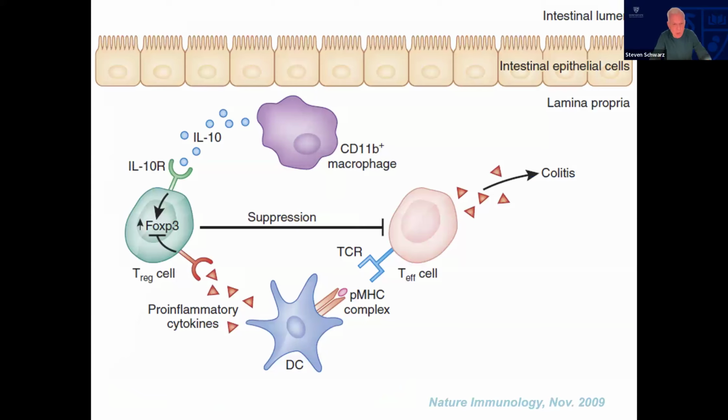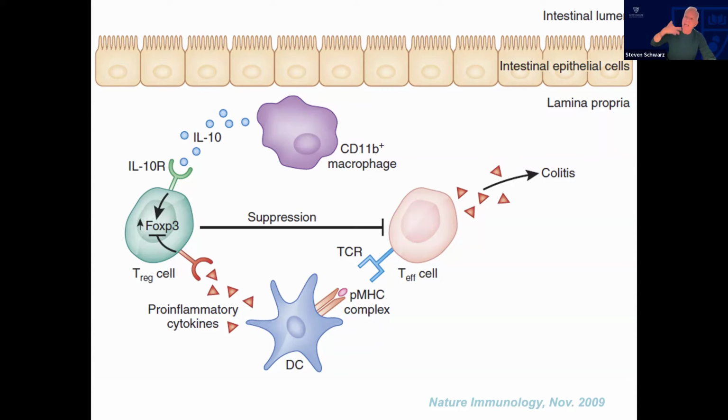All of this, of course, is mediated through FOXP3. Increases in FOXP3 result in the elaboration of T regulatory cells, which downregulate the immune response and block the production of pro-inflammatory cytokines.